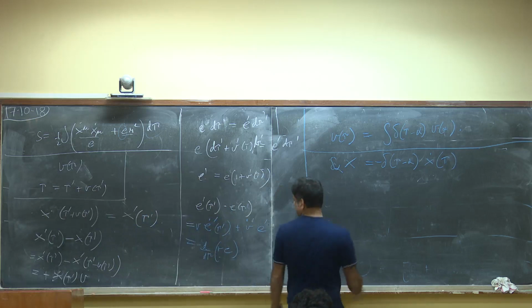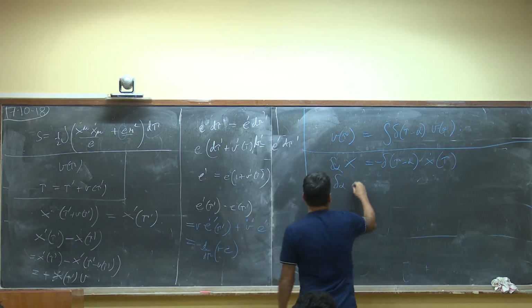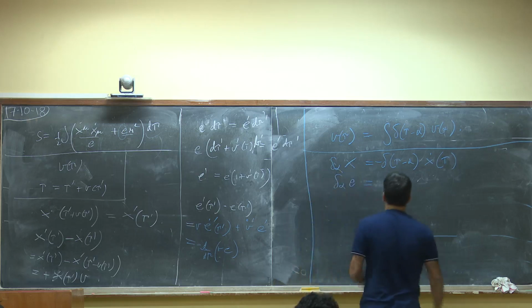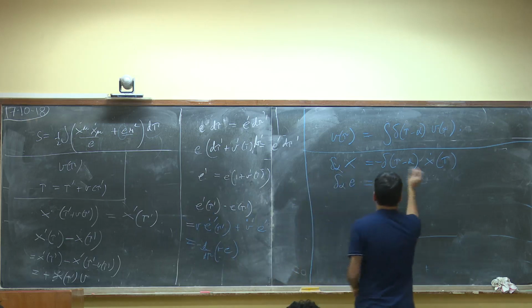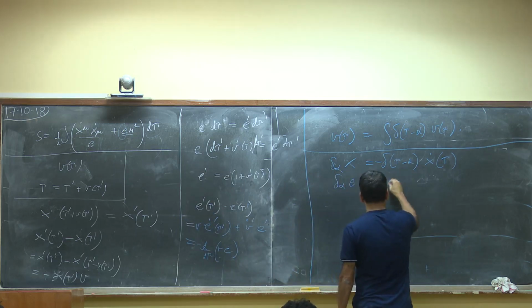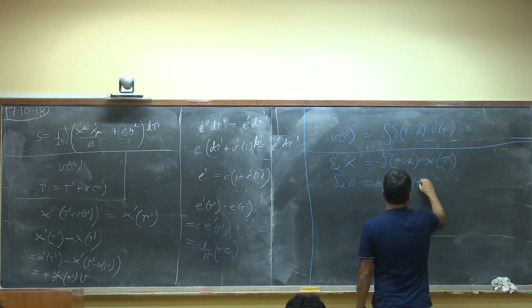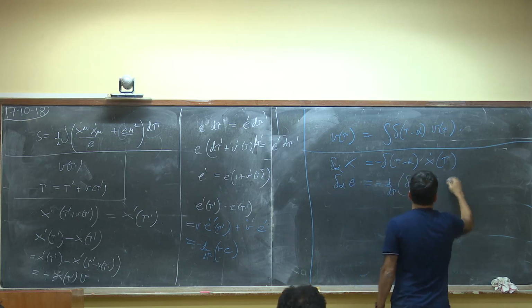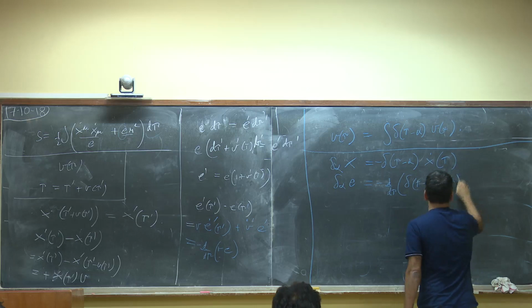Okay, so fine. So delta alpha of E then is equal to, now what is this? This is d by d tau minus d by d tau of delta tau minus alpha times x of tau.